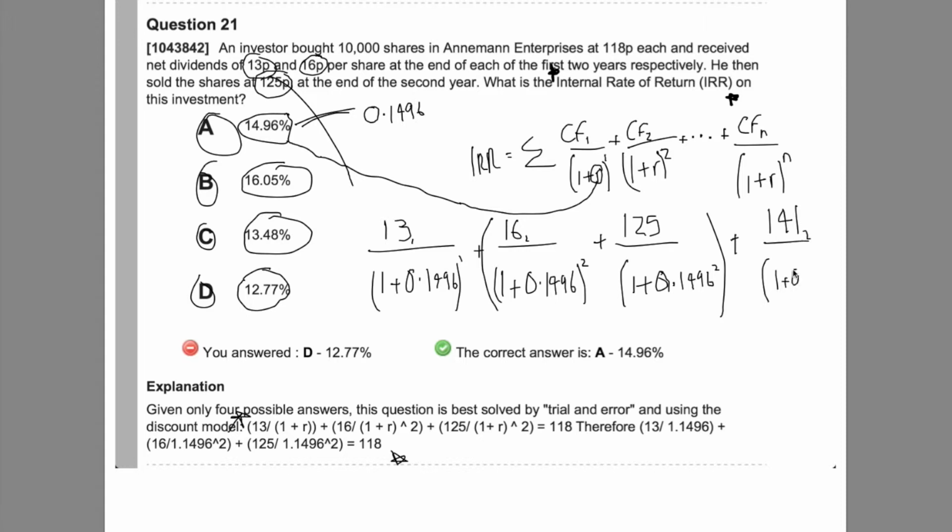So 141 over 1.1496 squared. Okay, so let's have a look now.